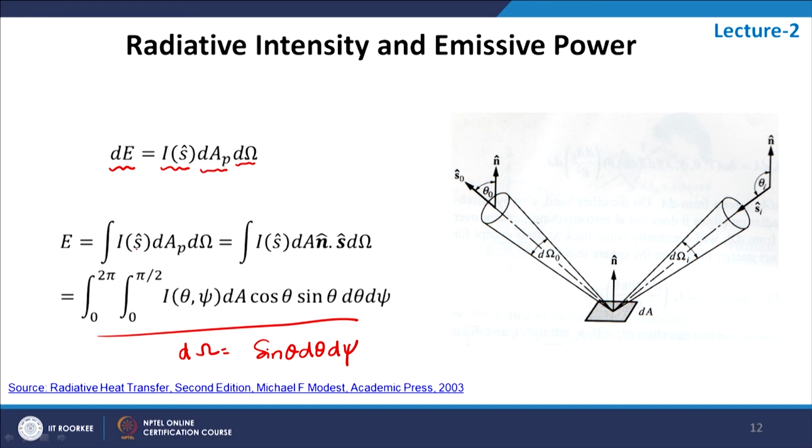So, instead of writing intensity as a function of S cap, the propagation direction as we see in this picture, this direction can be written in terms of polar angle and azimuthal angle. So, I is a function of theta and psi, and dA cos theta is the projected area. We are not taking dA, we are taking the projected area, dAp equal to dA cos theta.